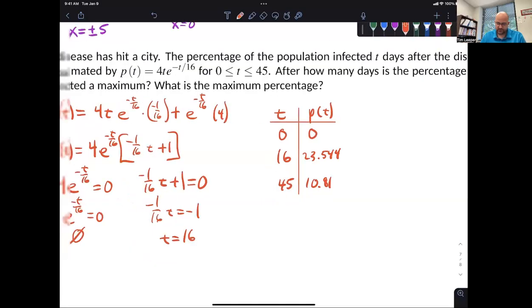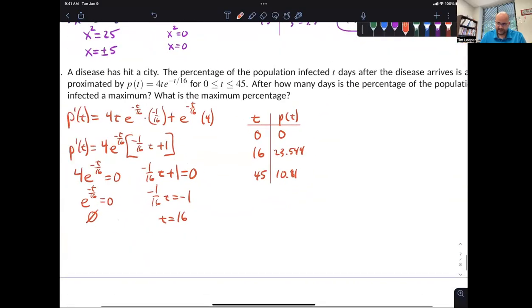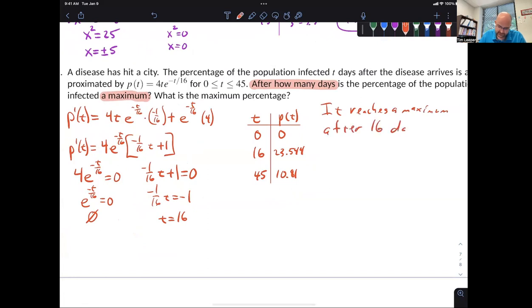So what are the questions that we have to answer here? After how many days is it a maximum? That's asking for 16. So it reaches a maximum after 16 days.